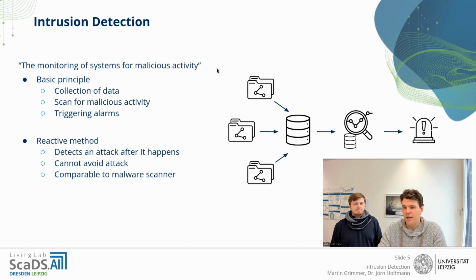Intrusion detection cannot prevent an attack. It can only detect it after it happens, so it's a reactive method, comparable to a virus scanner or a malware scanner these days.